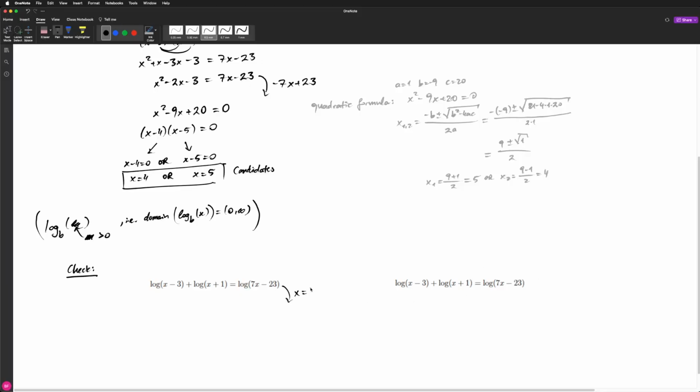So if x equals 4, wherever you see x, just plug in 4.